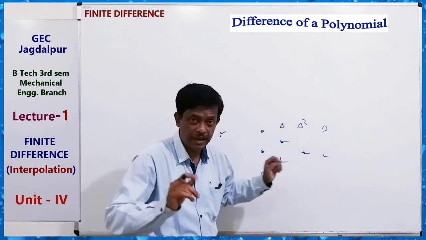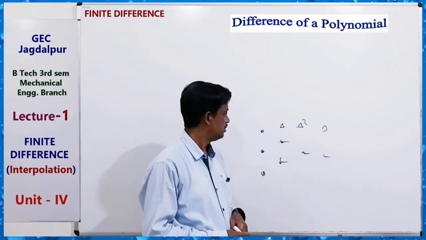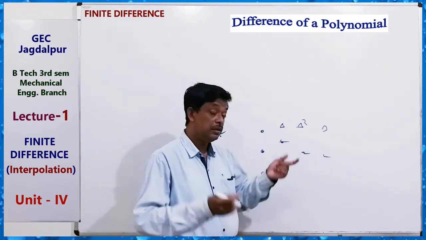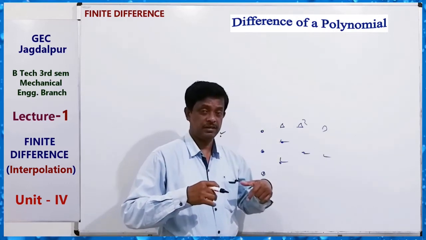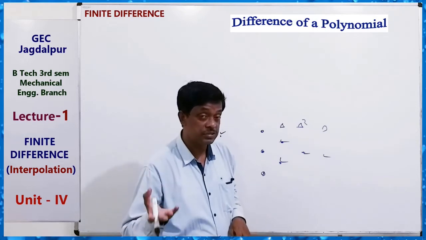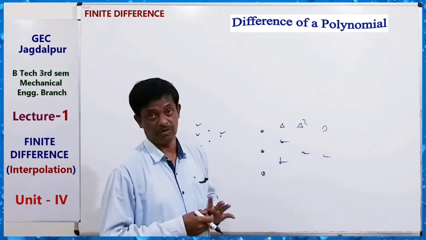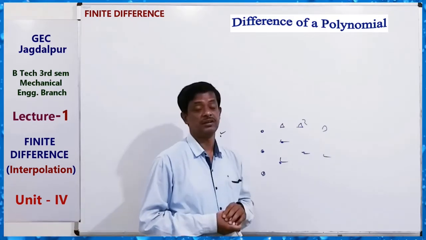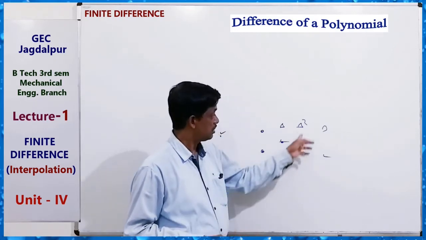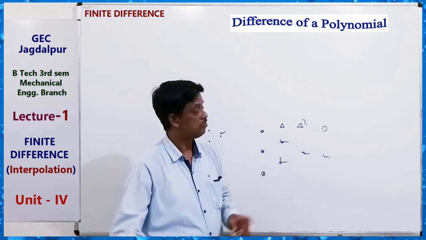So here we see that if we are given 3 arguments, then the second difference is constant. That is, if we are given 3 entries, then we can approximate the function as a second degree polynomial.